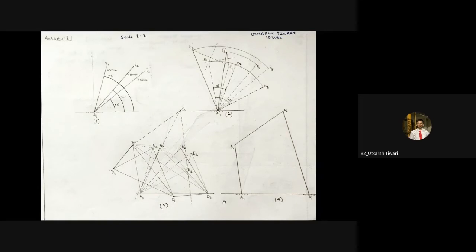So here we get D2 and D3. Now we have to draw the mid normals of D1D2 and D2D3 and let them intersect at a point C. Here we get the required mechanism A1, B1, C1 and D1.